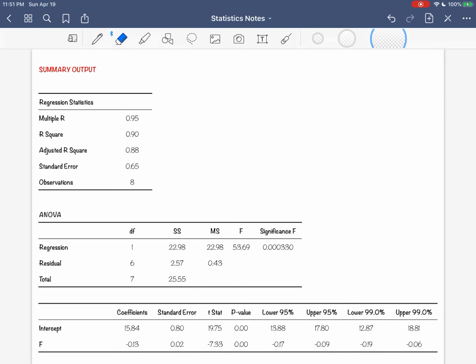Only in simple regression can you square this to come up to the r squared value. So here we have an r squared of 0.9, meaning 90% of the movement of y has been explained by x.